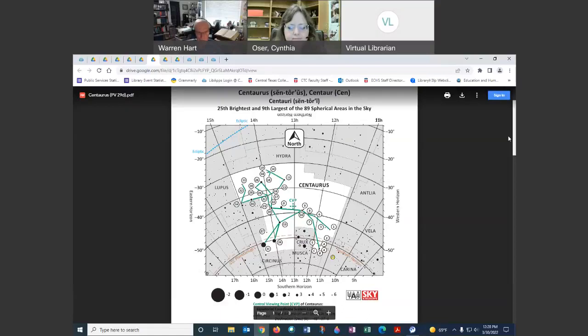Unfortunately for us, the 2 dark circles for Centaurus, numbers 24 and 31, are the 2 brightest ones in Centaurus, and that's Alpha and Beta Centauri. Do any of you read science fiction stories?